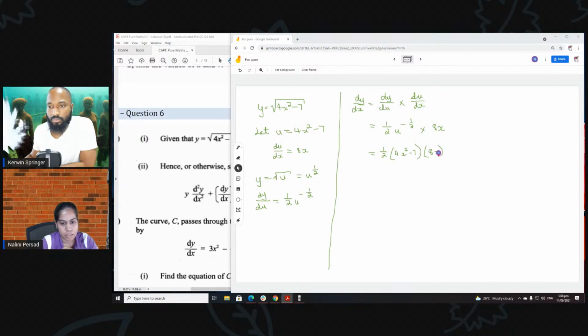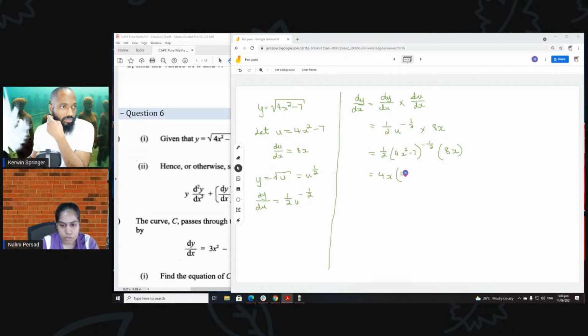So a half by 8 would give you 4. No, it wouldn't. I forgot the negative a half. Multiply by 8x. Right? So a half by 8x is 4x.